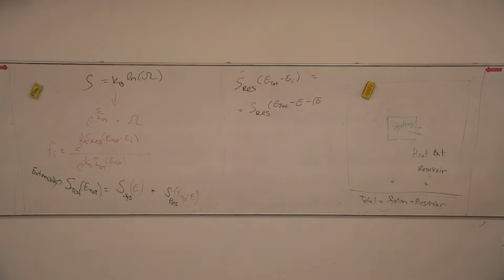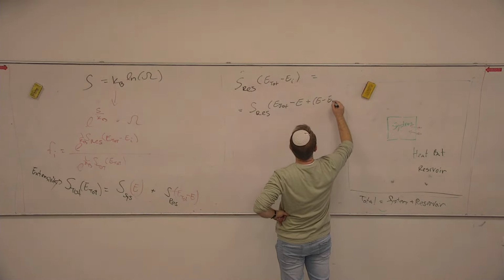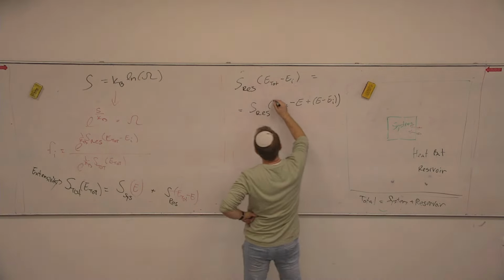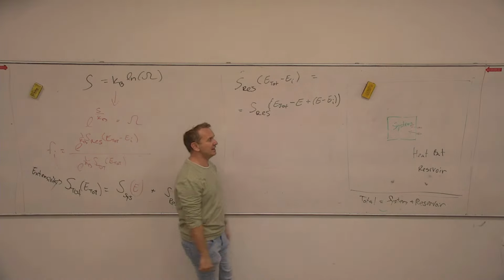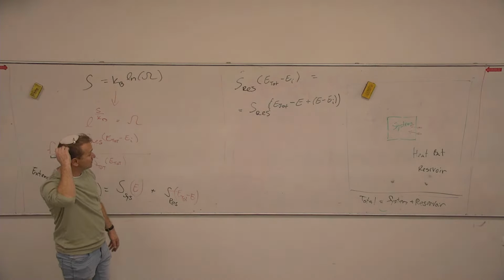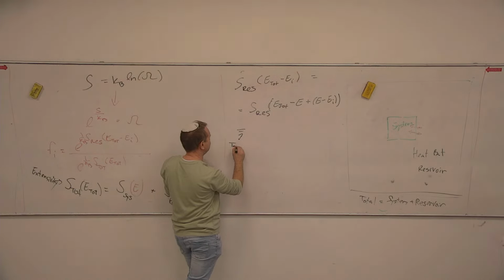Just a second. It's plus. So I subtracted and added E inside the argument. Okay. And now I'm doing a Taylor expansion.